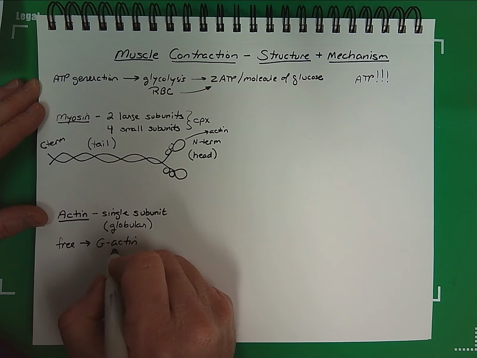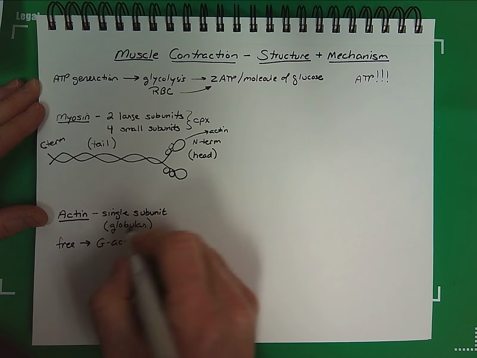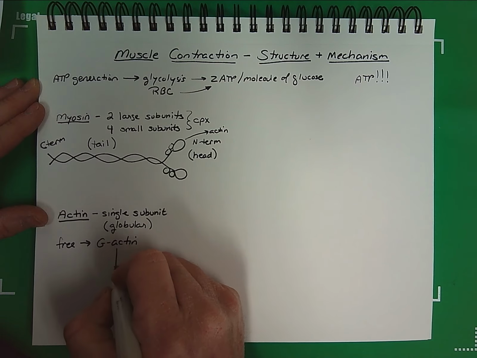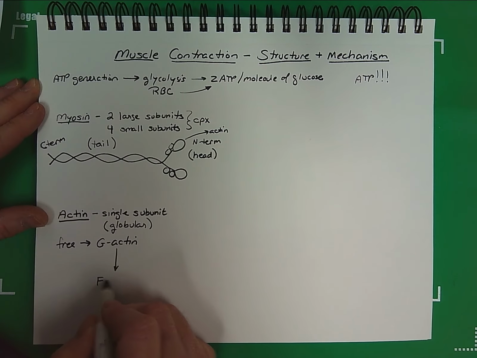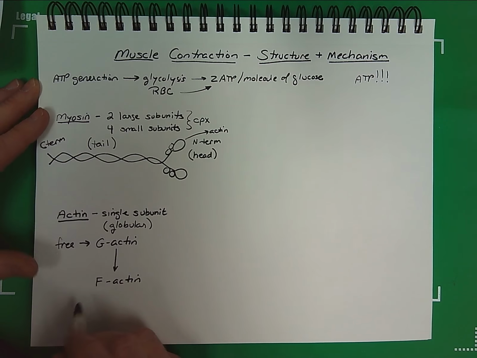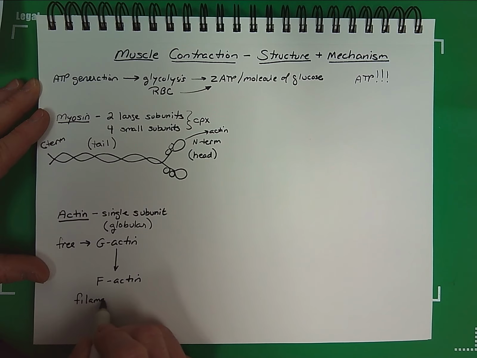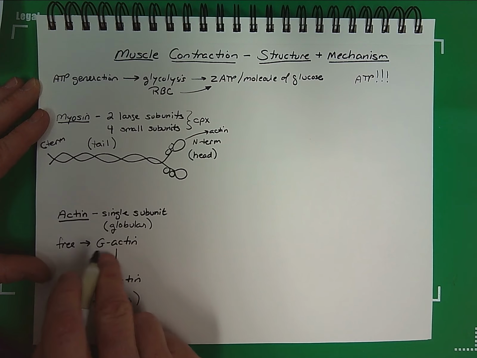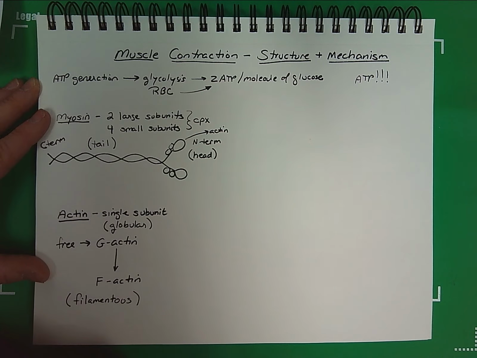The G-actin then will undergo a polymerization reaction to form F-actin. The F in this case stands for filament or filamentous actin. And this simply indicates that the globular units have come together to form a filament.